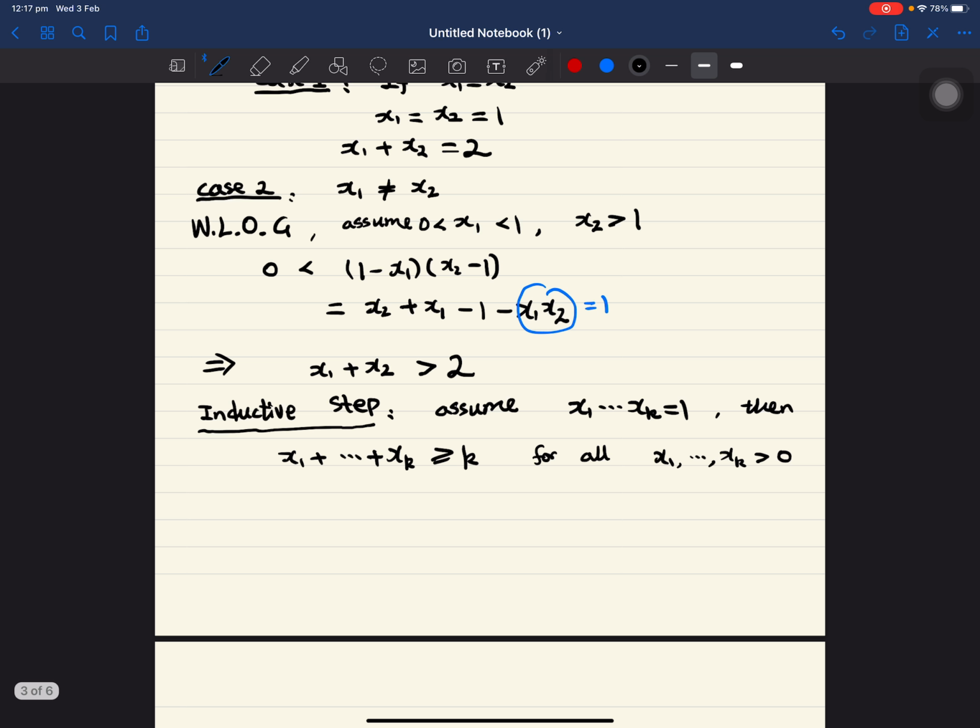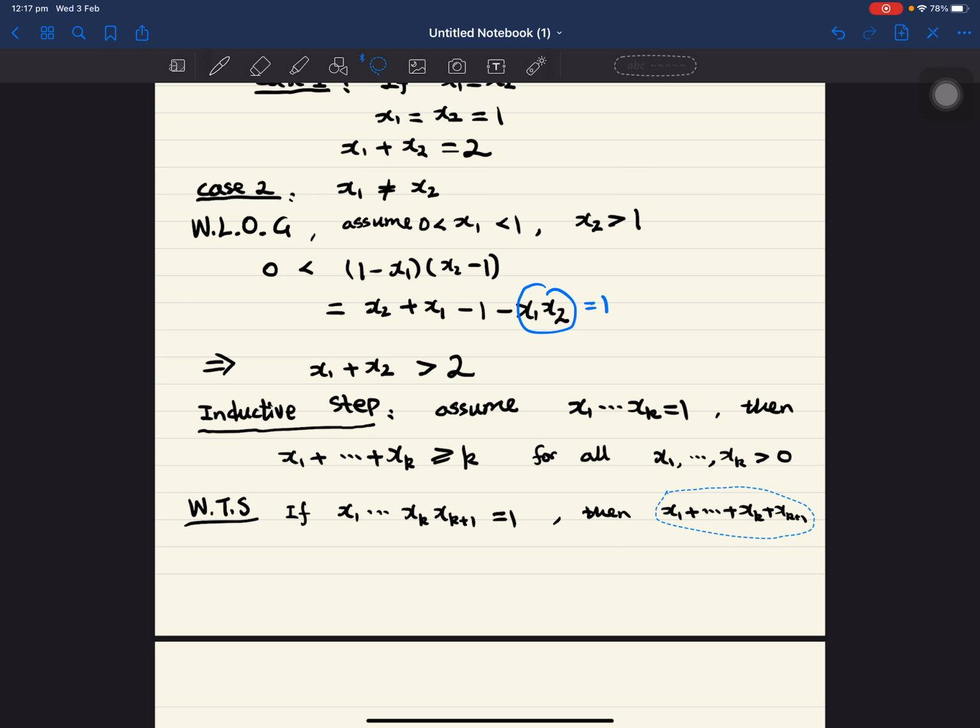Now what we want to show by induction is: if the product x1 times all the way to x(k+1) equals 1, then x1 plus all the way to x(k+1) is greater than or equal to k plus 1.